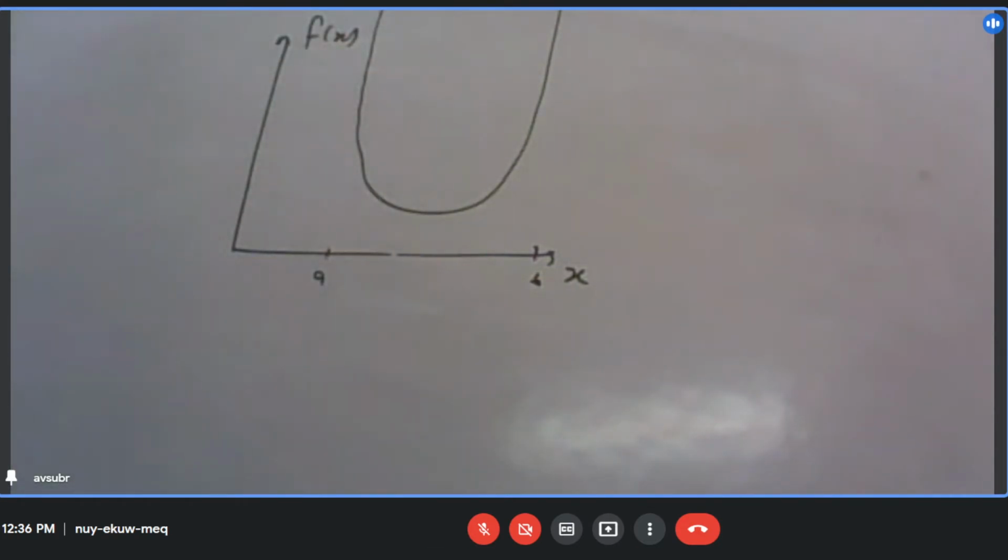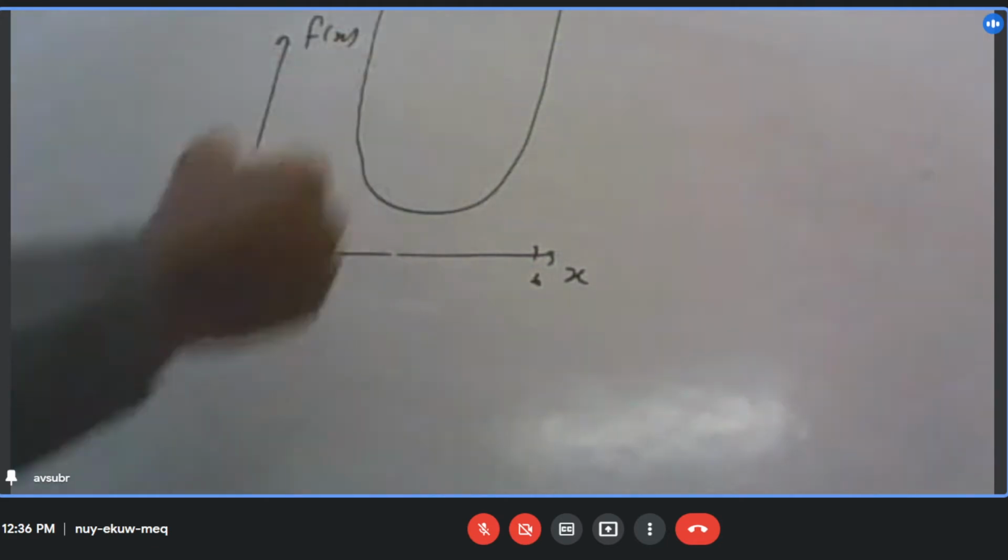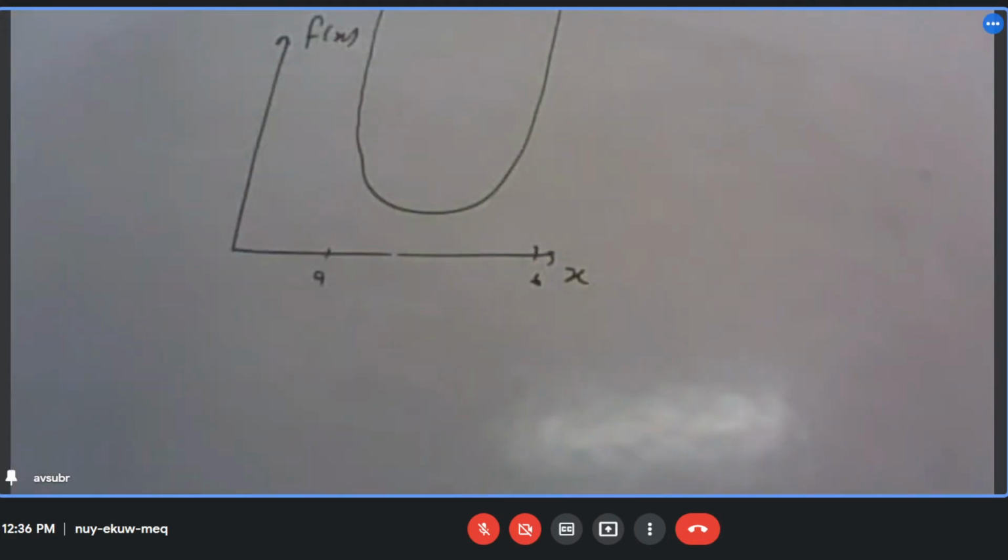This is going to infinity. So there is singularity here, or singularity here. Is it clear? So we are talking about such kind of situation. So at least one of the conditions has to be violated. If that is the case, then that integral is known as improper integral.